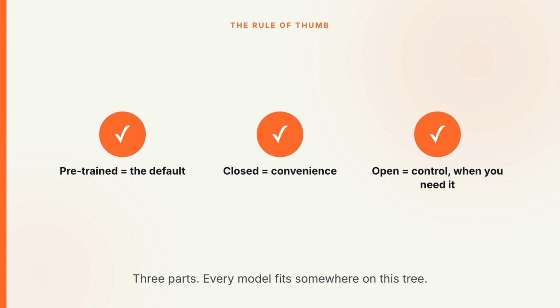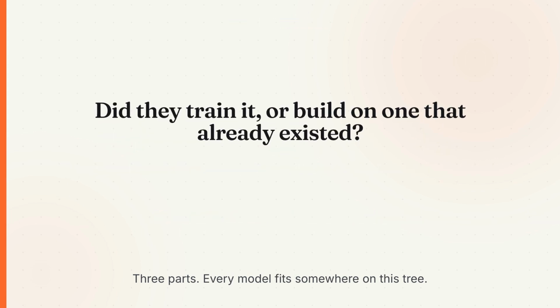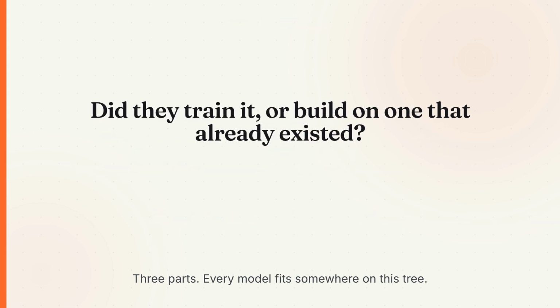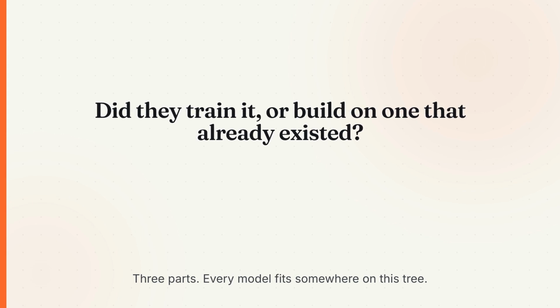Once you are there, self-hosting versus a third-party host is just how much infrastructure you personally want to own. 3 parts. That's genuinely the whole map. So the next time someone on your team says, we're using Llama, or we call the GPT-4 API, or we trained our own model, you'll know exactly what they mean and exactly what they gave up to get there.